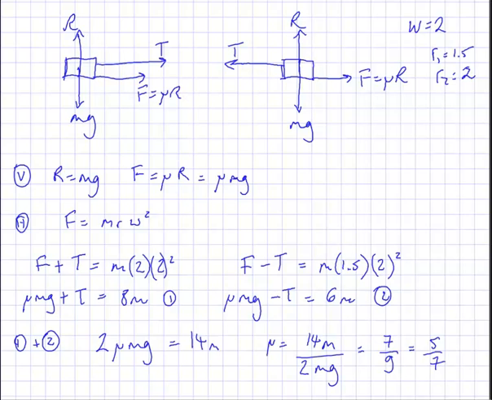Then you apply that to look at horizontal forces, and the net force acting in the direction of the center of the circular motion is your centripetal force, and that is equal to m r omega squared, or mv squared over r.